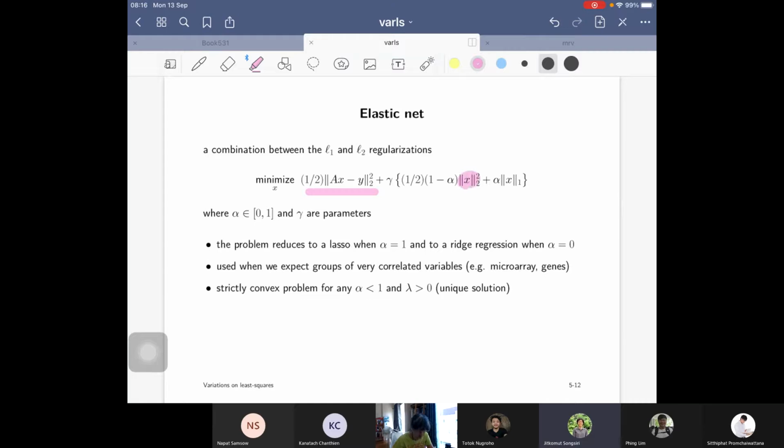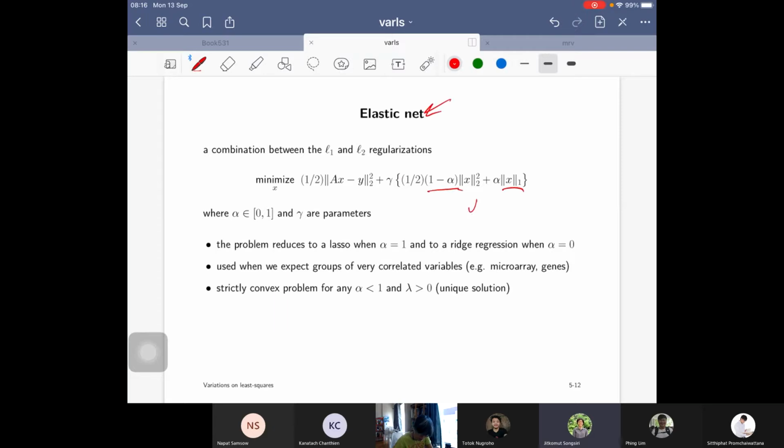You have this term, the two norm squared of x, which is another convex function in x. And then you have the L1 norm, and as we saw from the lecture, any norm is a convex function. So the whole thing is an unconstrained convex optimization problem. This combination is called elastic net.